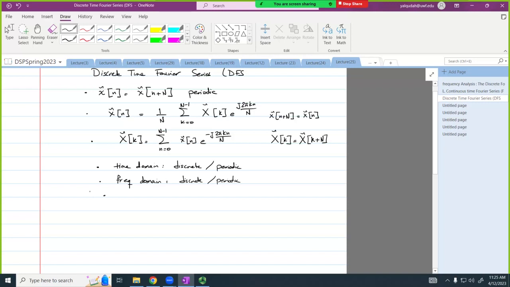And since we have a summation of finite length, we can use the computer to calculate it.